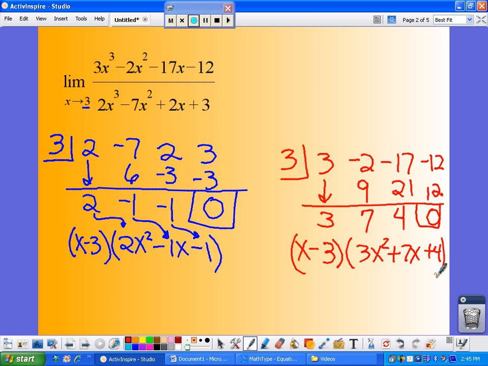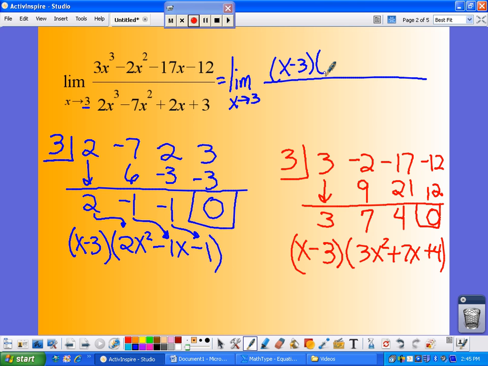Now let's put this all together, all back together. So this limit, in strong hands, you must always write limit until you actually take the limit. So x approaches 3. In the numerator, now with my new factored form, I have x minus 3. So that factor was there.